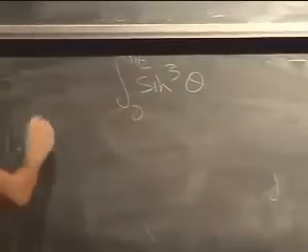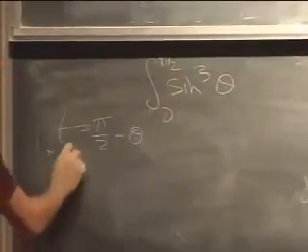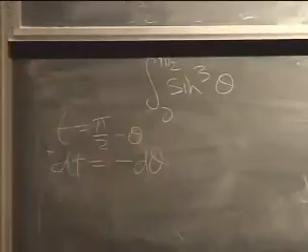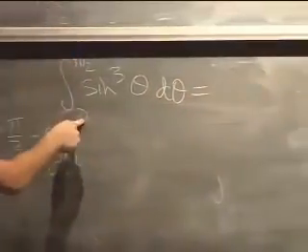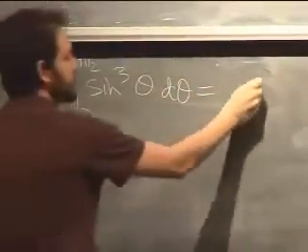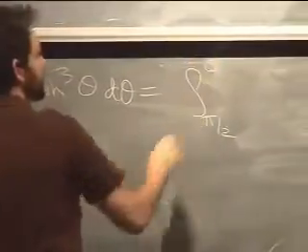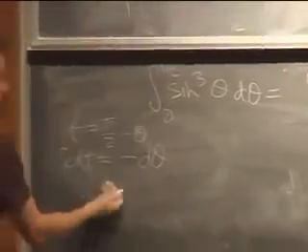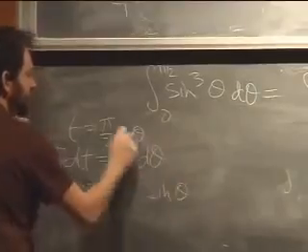Let t equal pi over 2 minus theta. So dt is equal to minus d theta. So in this integral, when you're at 0, t is pi over 2. When you're at pi over 2, t is 0. Cosine of t is sine of theta, because they're complementary.